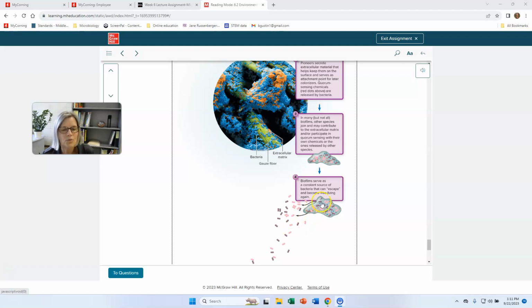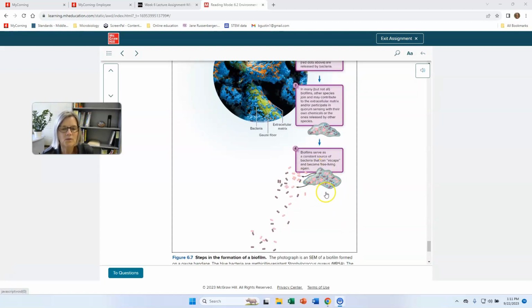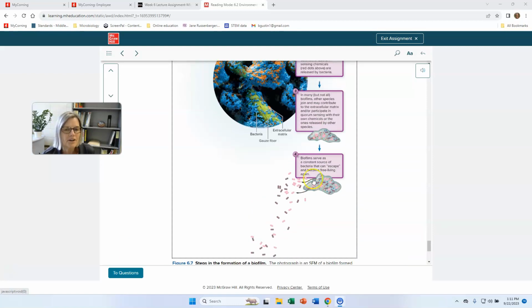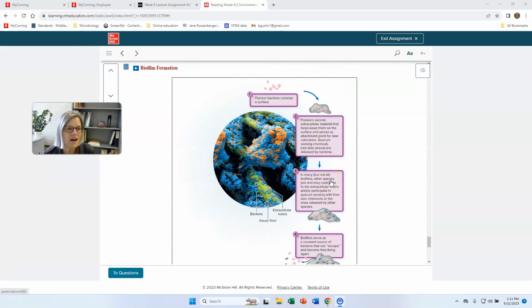And so this is one really common way that infections move from one part of the body to another, with little chunks dropping off of biofilms. So biofilms are very common in the human body, they're very common in nature, and they're a very common way that bacteria grow.